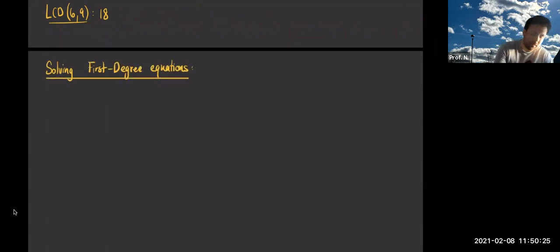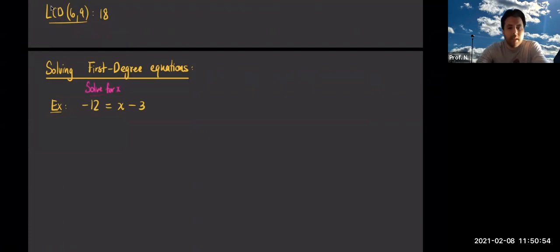So again, things that I believe most of you have done already, right? So for example, if you get something like negative 12 equals x minus 3, I want to solve for x, right? So how do I solve for x? You isolate it.